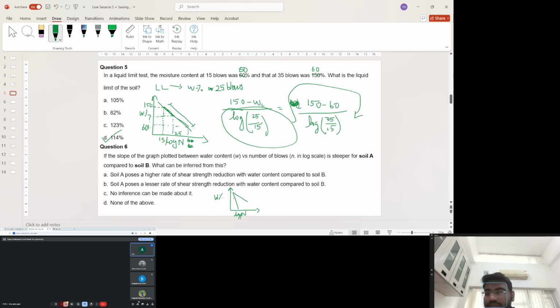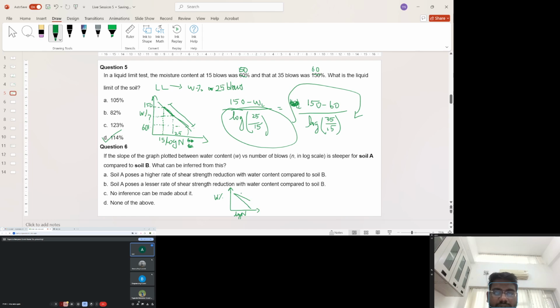Now two conditions should be satisfied in order for us to compare the results. One is that the initial starting portion should be the same, and the final portion is also the same, such that we can compare the slopes, which is what we are going to compare.